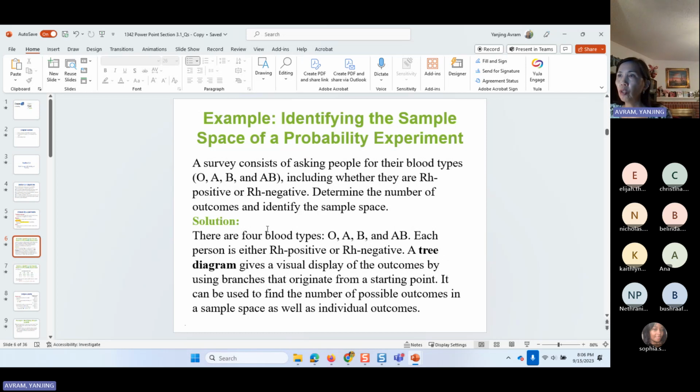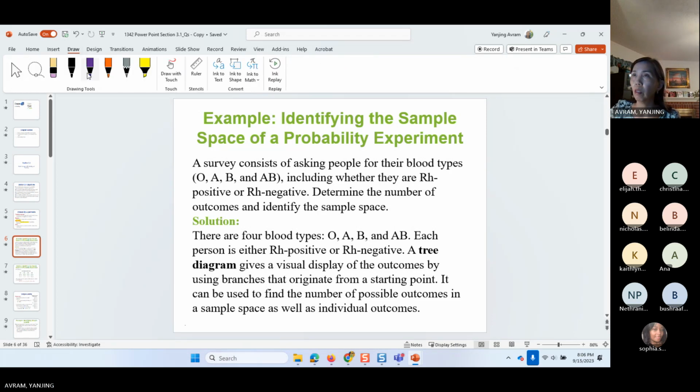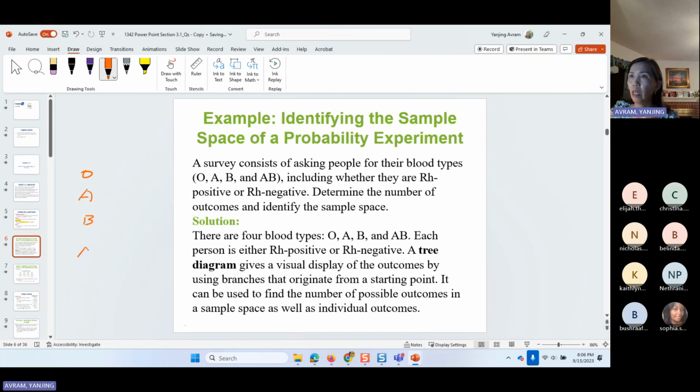So you can draw a tree diagram, but when the numbers get bigger, it can be really challenging. We are able to draw it for this one. Here you have type O, A, B, and then AB.